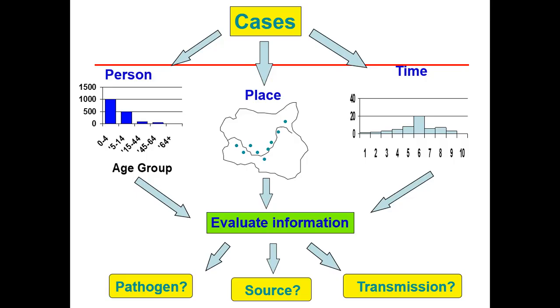So you may see what the transmission pattern looks like. You may be able to identify a source. If, for example, the number of cases in a particular area is far more than in another area, then that may be the source. Again, the index case, the person who first had the infection and probably spread it to other people in that particular geographical location, helps you to assess the source of the infection.